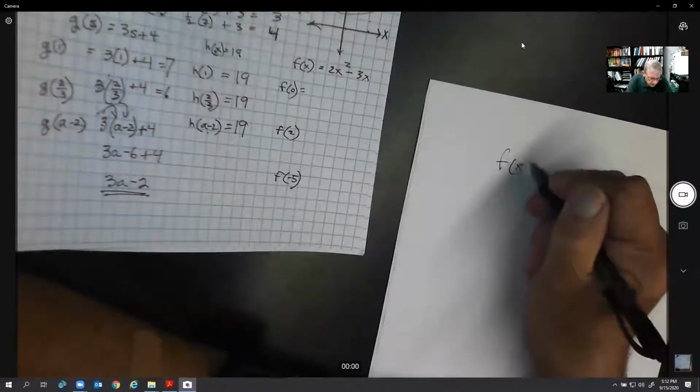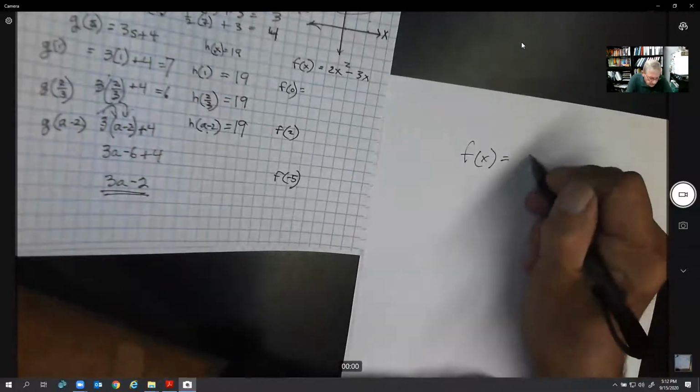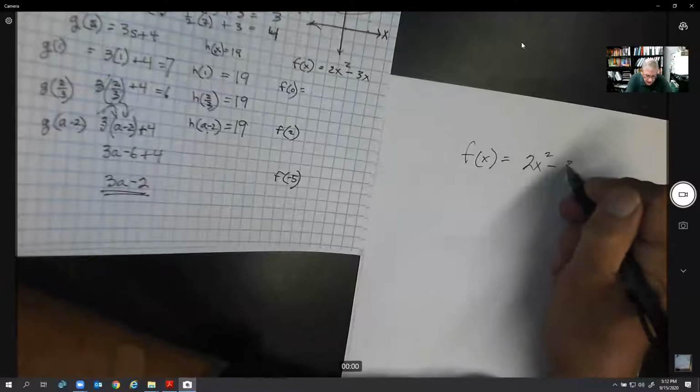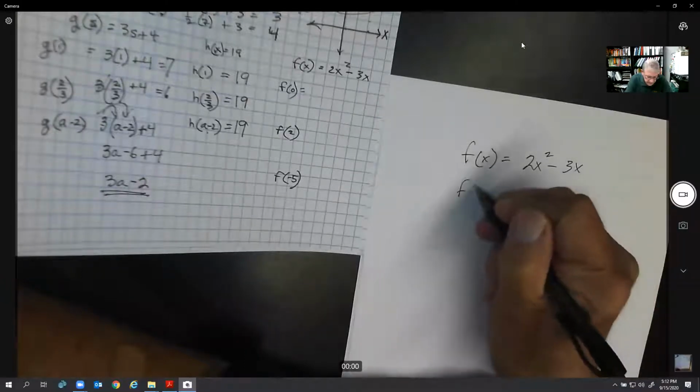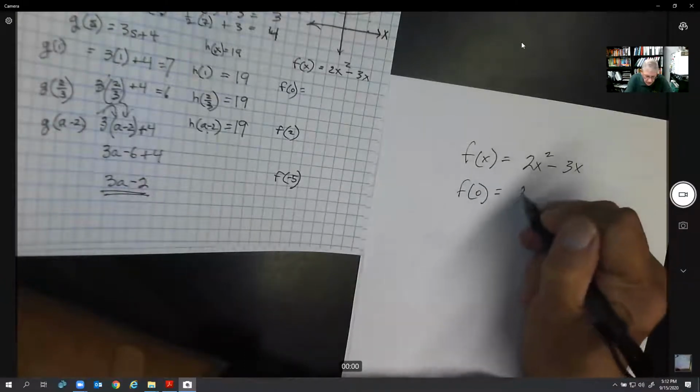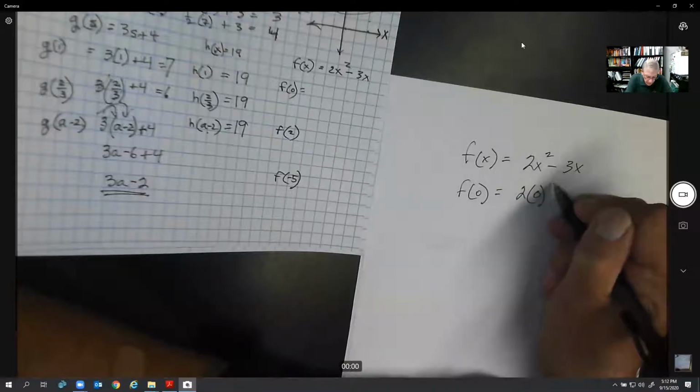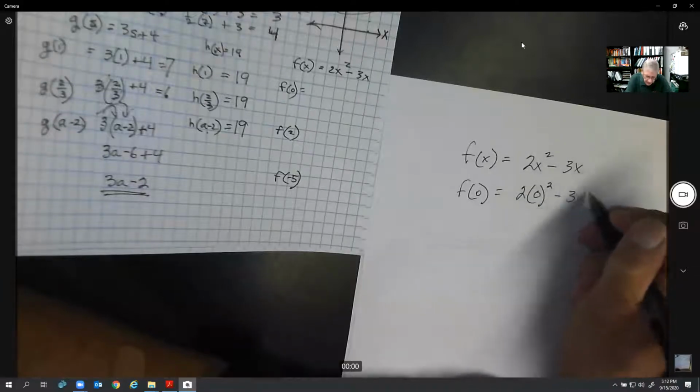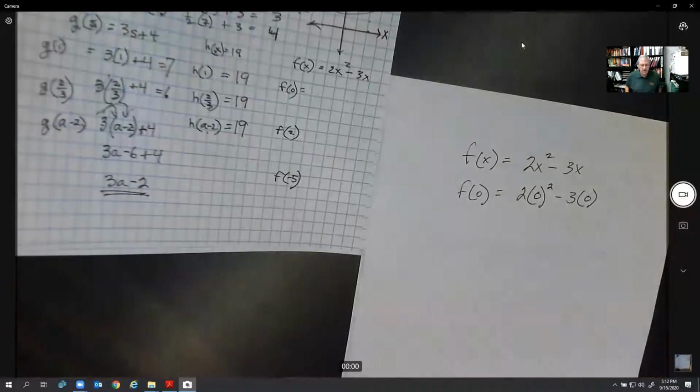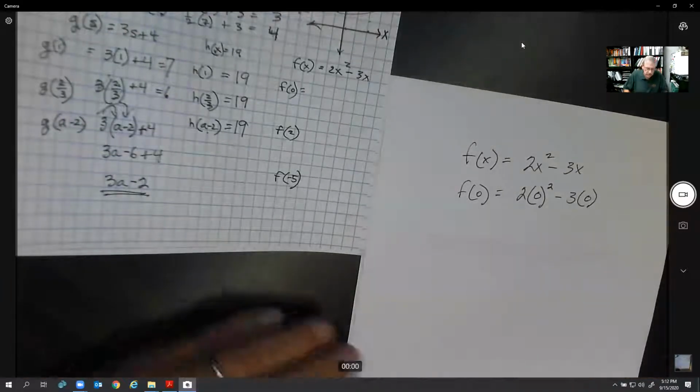Function of x equals 2x squared minus 3x. So first time I'm going to put in a 0. Okay, 2 times 0 squared minus 3 times 0. So all the x's become zeros. Kind of a neat way.